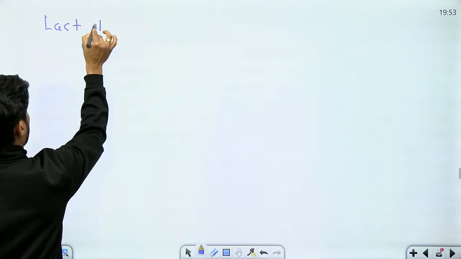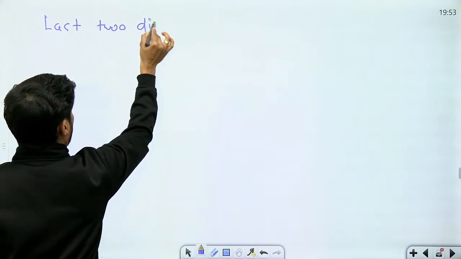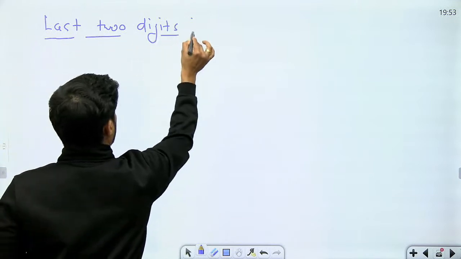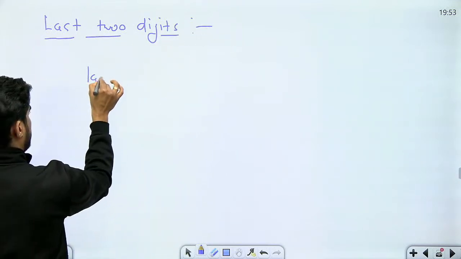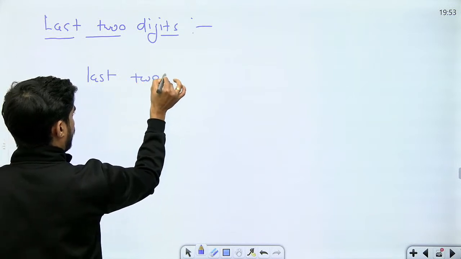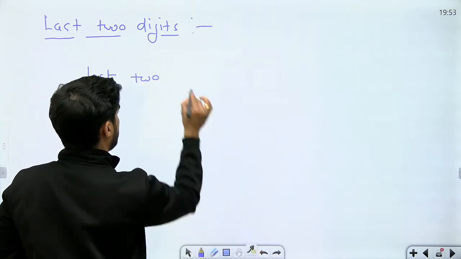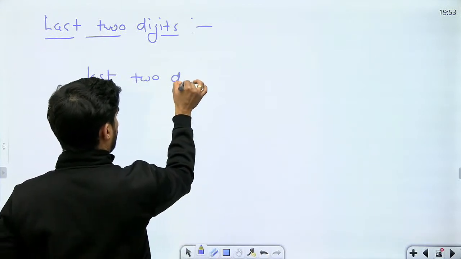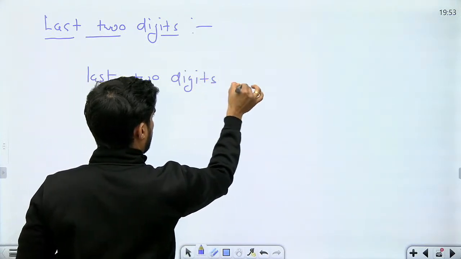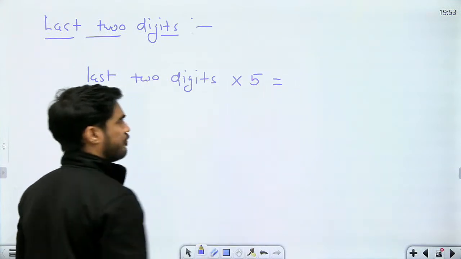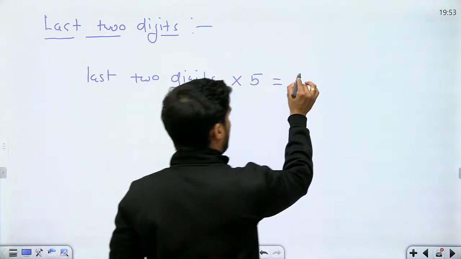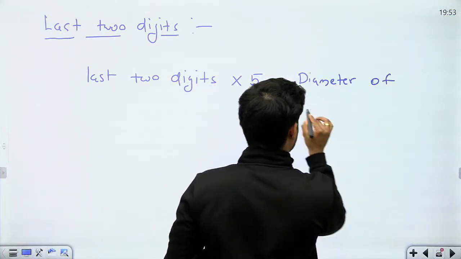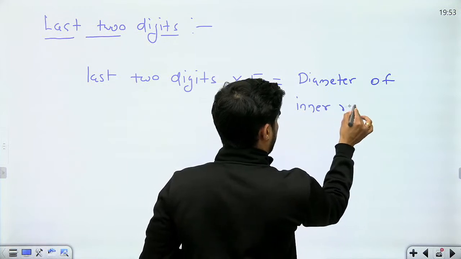So beta, last two digits multiplied by 5 will give you the diameter of inner race in mm.